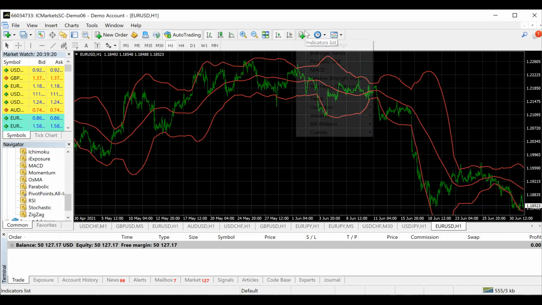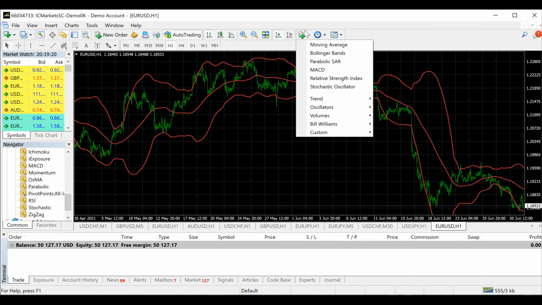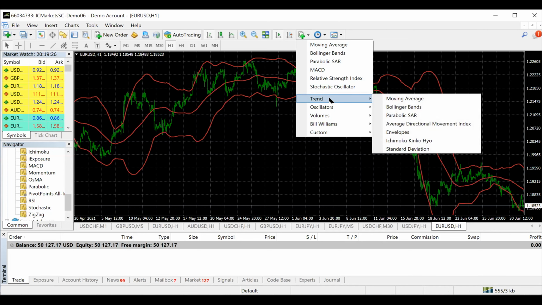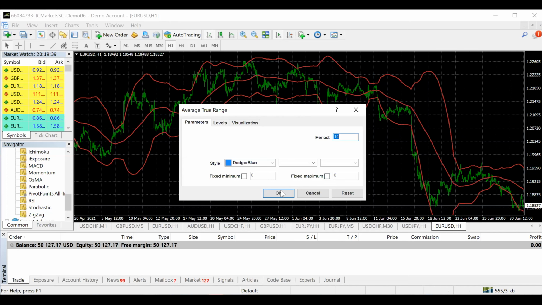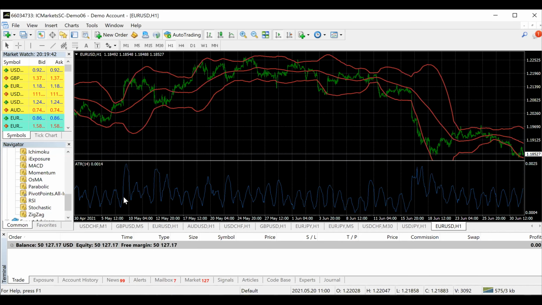Another indicator you can use is ATR. That is average true range. Yeah, so this is the average true range. Okay, we can use this.